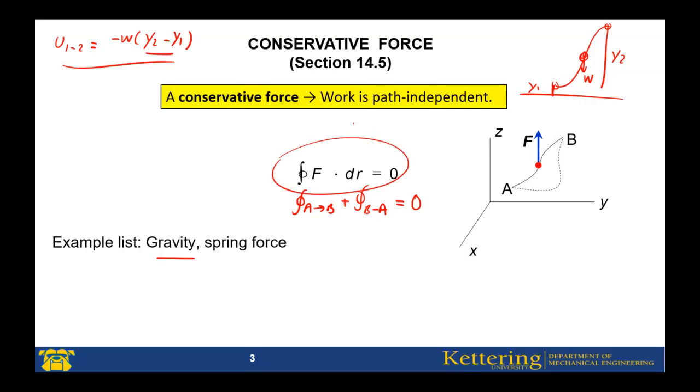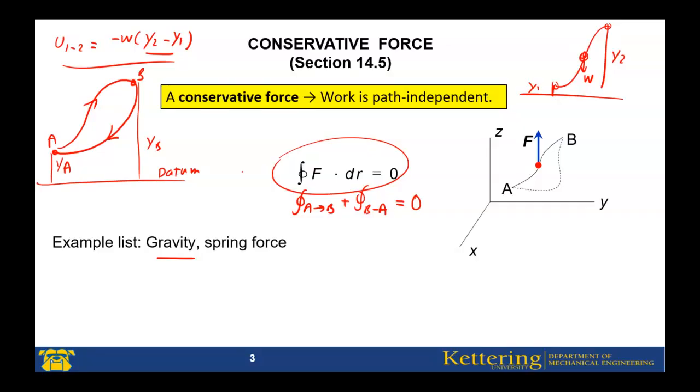Now, for a closed path, for example, the particle moves from A to B, then moves from B back to A, and their elevations from this datum line are YA and YB.